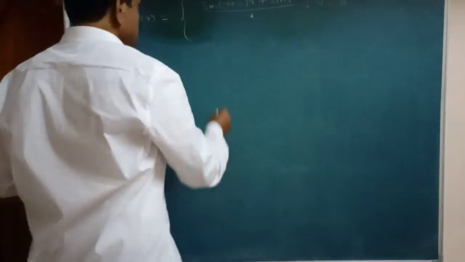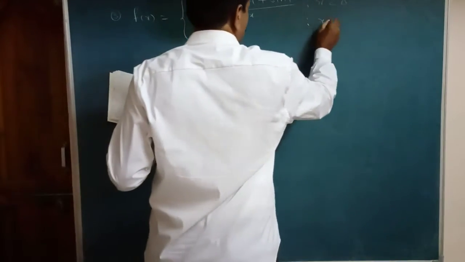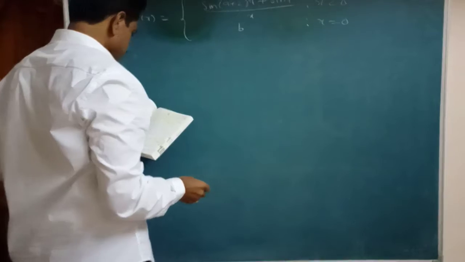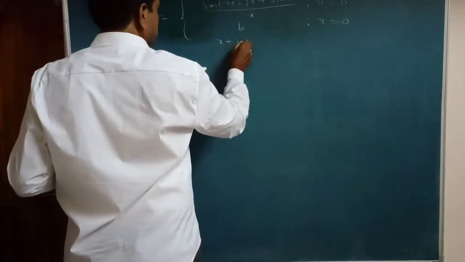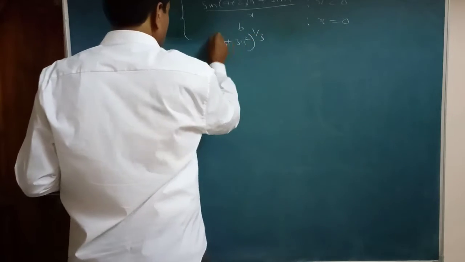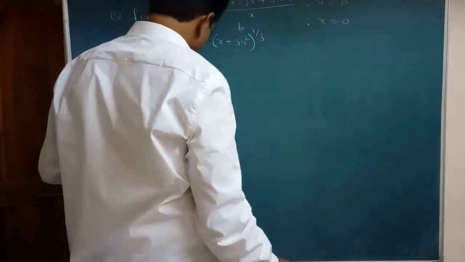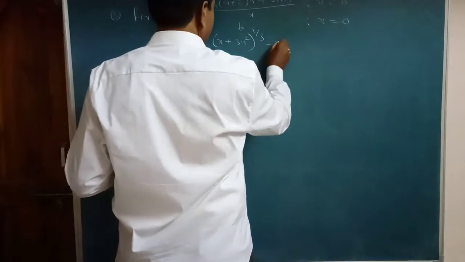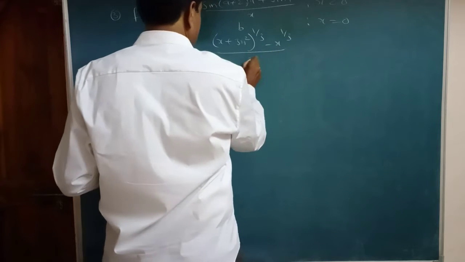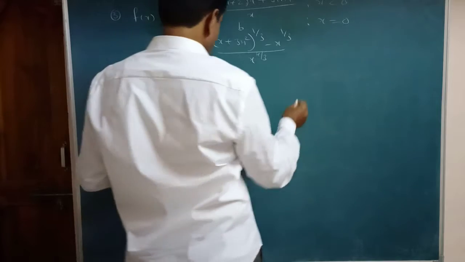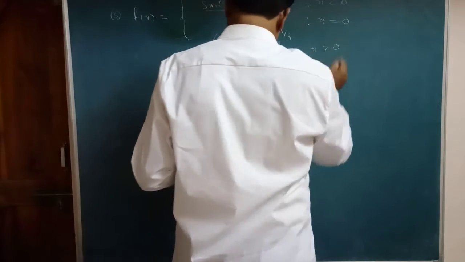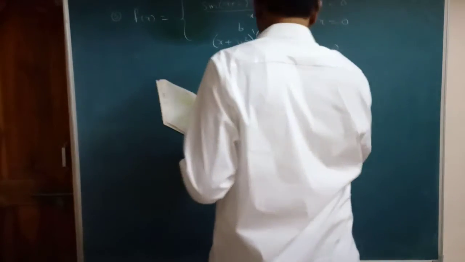Here it is b when x equal to 0. And next (x plus 3x square) whole power 1 by 3 minus x power 1 by 3 divided by x power 4 by 3, when x greater than 0.